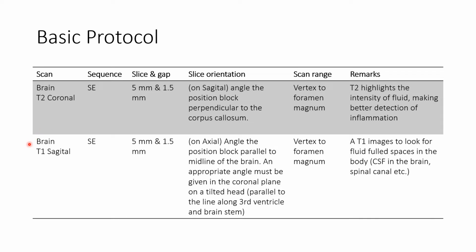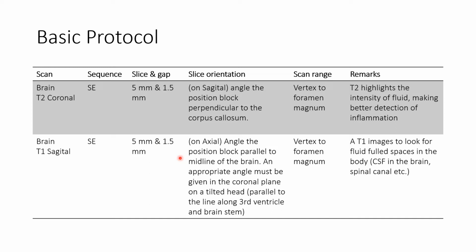Next is brain T1 sagittal, also spin echo sequence with 5 mm and 1.5 mm gap. The slice orientation, we plan on the axial image. So we have to angle the position block parallel to the midline of the brain.